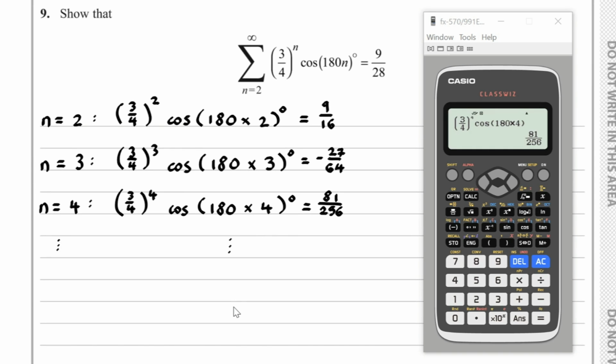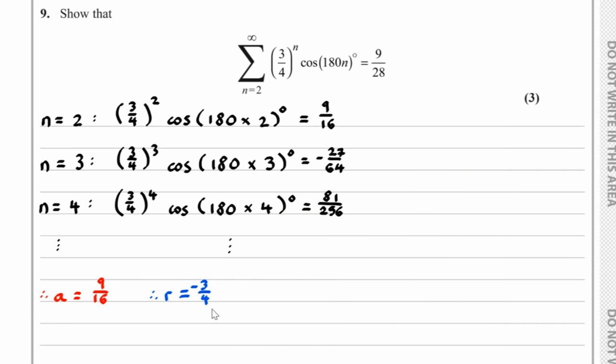Now, what we can see from here then is a is equal to 9 over 16, the first term, and the common ratio, we can divide successive terms. We've got minus 27 over 64 divided by 9 over 16. We get minus 3/4 for r. So r is equal to minus 3 over 4.